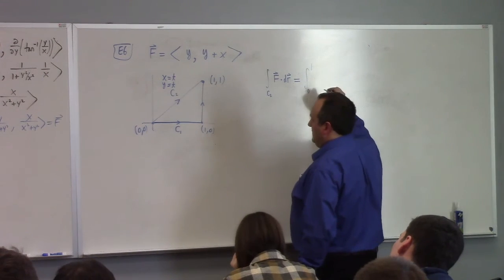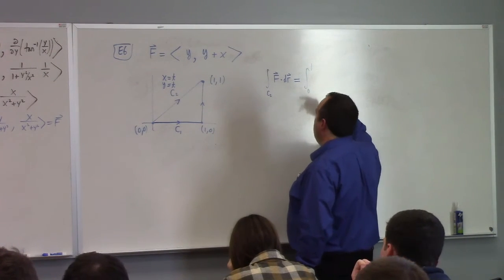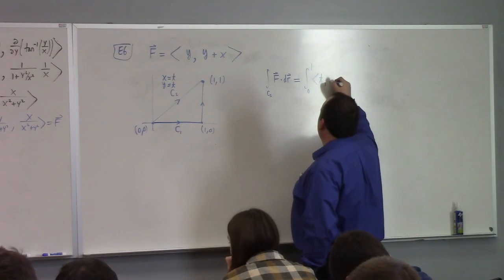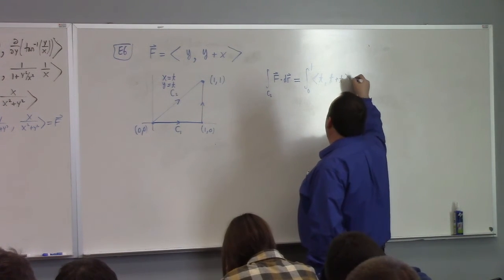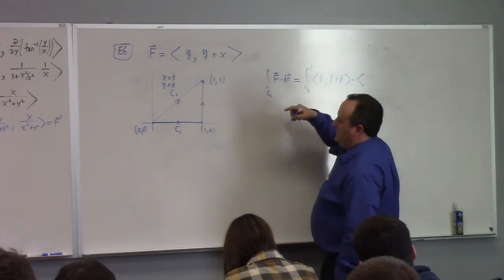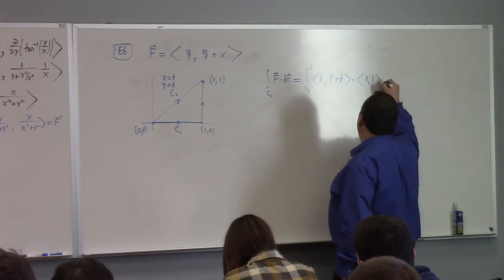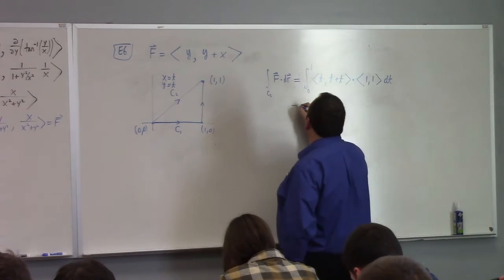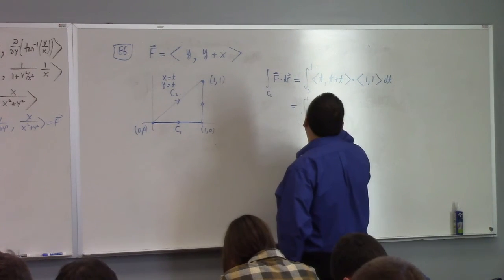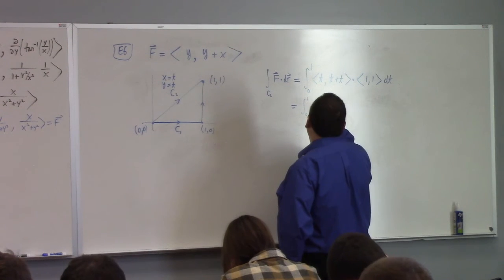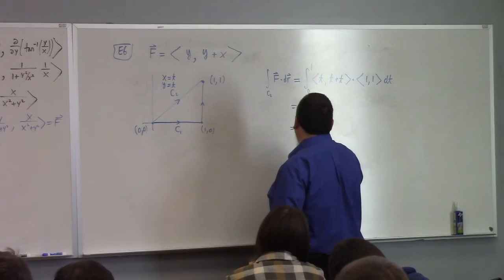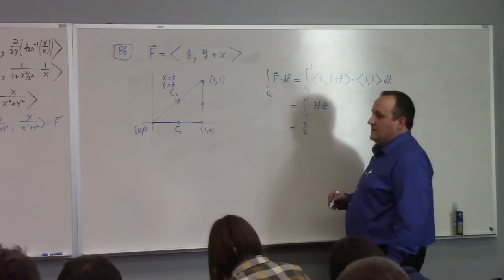So I have the integral from 0 to 1 of (t, t plus t) dotted with (1, 1) dt. That would be the work done along C2. We have the integral from 0 to 1 of 3t dt. That works out to 3/2. The work is 3/2 along C2.